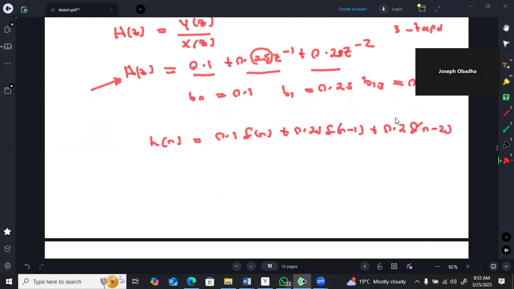So the transfer function of a finite impulse response filter always has the constant term, and the other terms are raised to the negative powers of z. That is, all the poles are at the origin, and the filter would always be a stable filter.